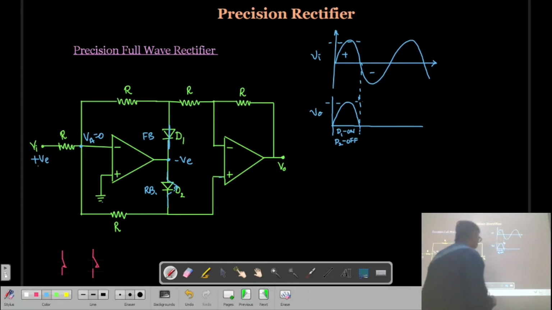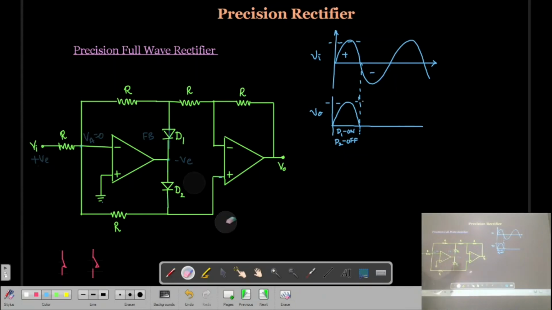Now try to understand what happens if we apply a negative cycle. So here, this is my negative voltage. So naturally, here we have a positive voltage.